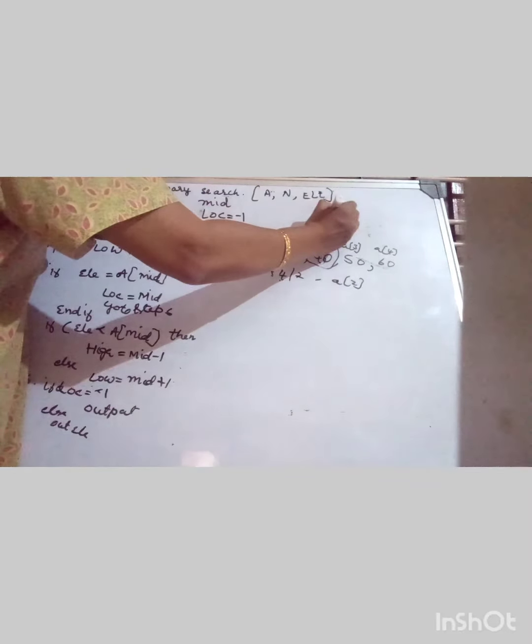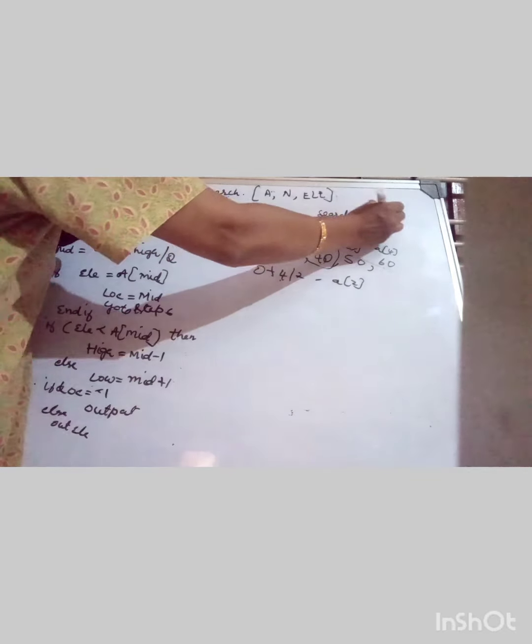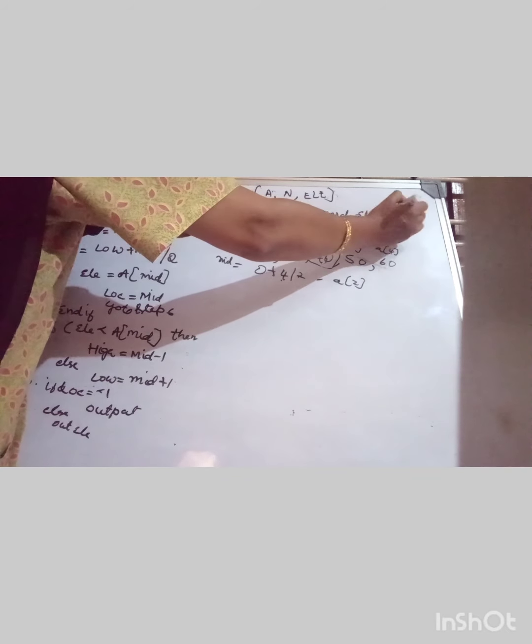Suppose the search element is 60. The search element we should give in the beginning, in the input data, so I'll take it as 60.